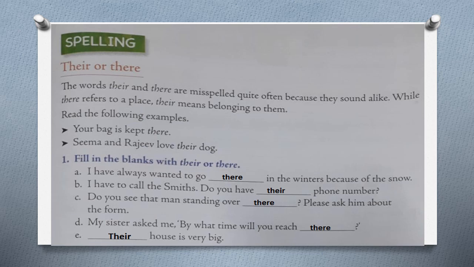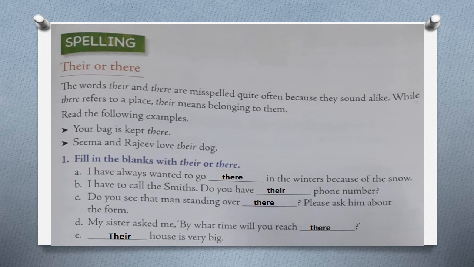The words there and their are confused quite often because they sound alike, while T-H-E-R-E, there, refers to a place, and T-H-E-I-R means belonging to them.